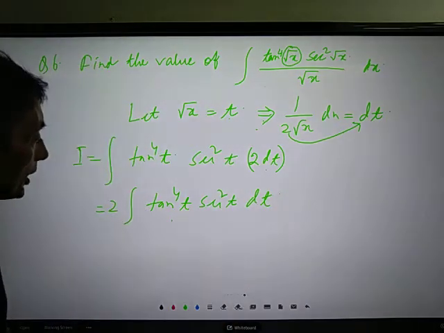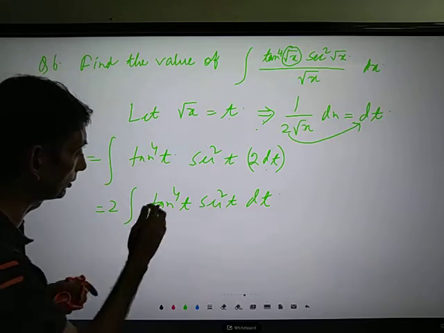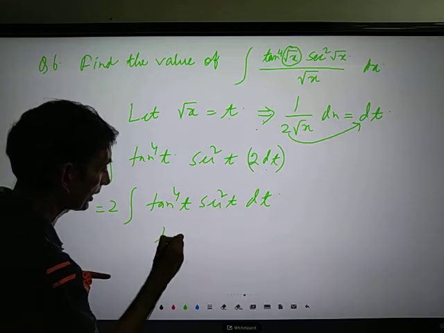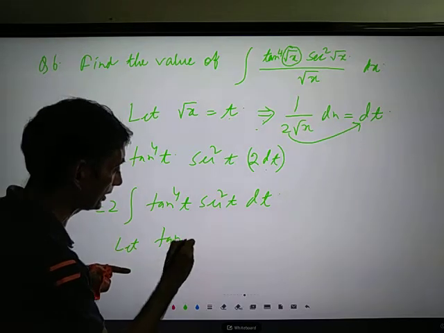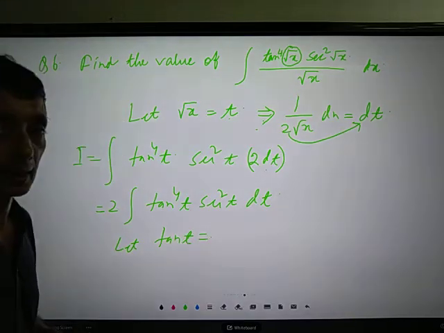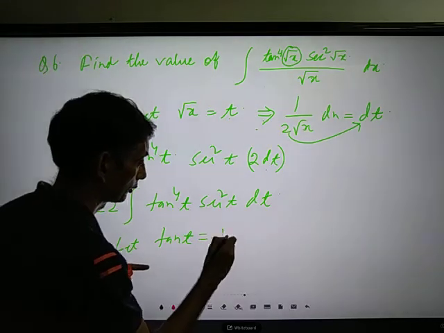Now again, we need to substitute, that is tan t. Let the second substitution be tan t equal to y.